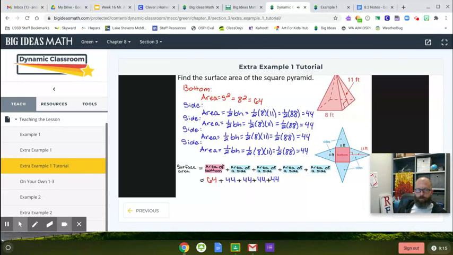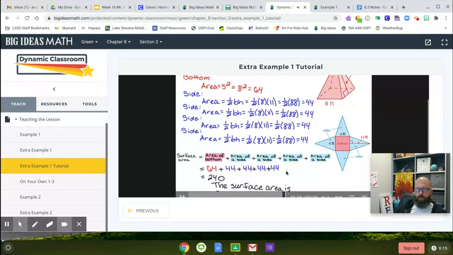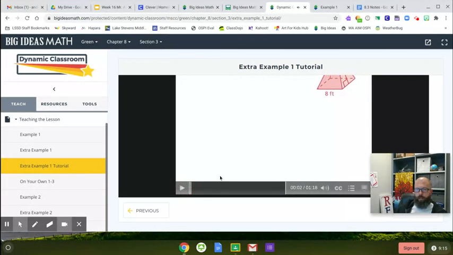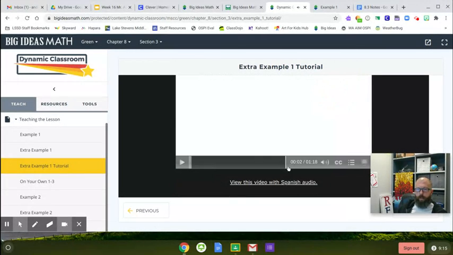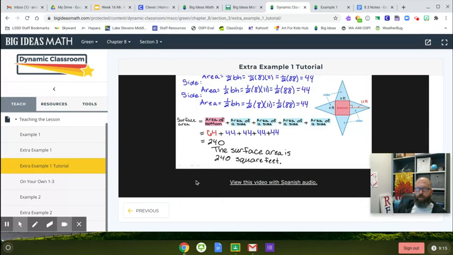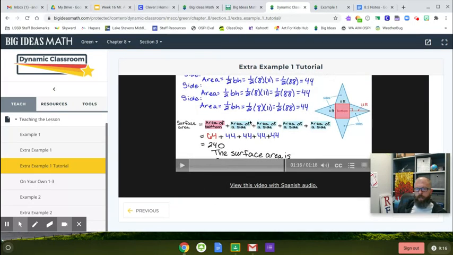So the surface area of this square pyramid is 240 square feet. There you have it. 240 square feet once you add up all the sides.